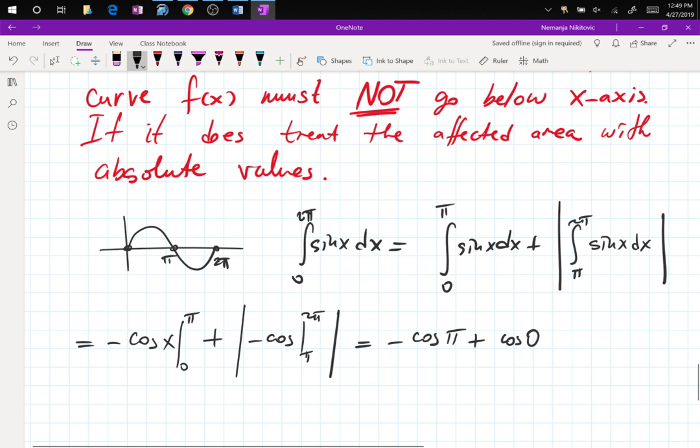And then the absolute value kills the negative, so it's a plus cosine of 2 pi, and finally minus cosine of pi.